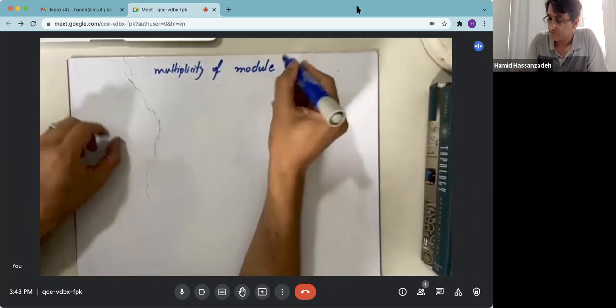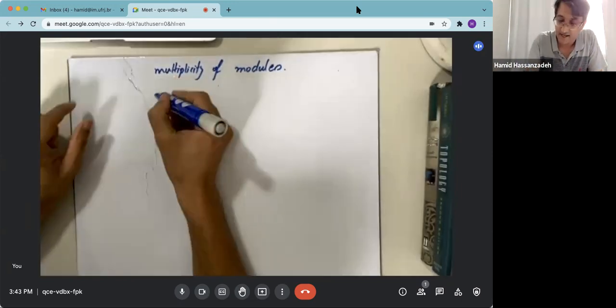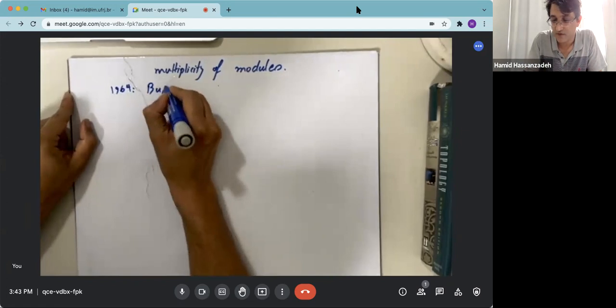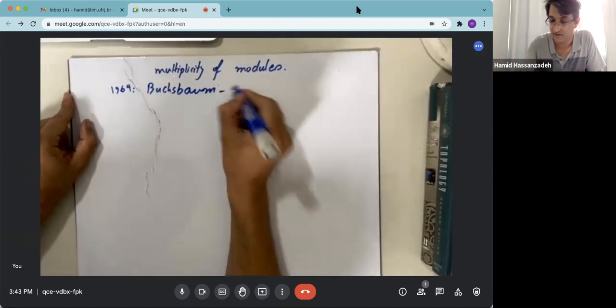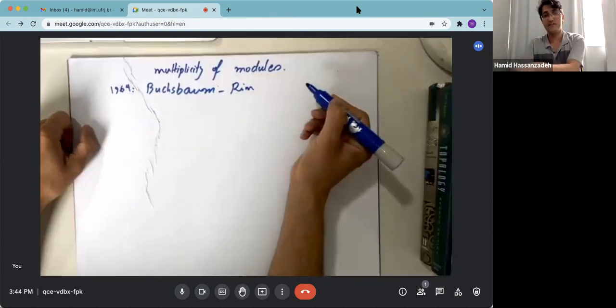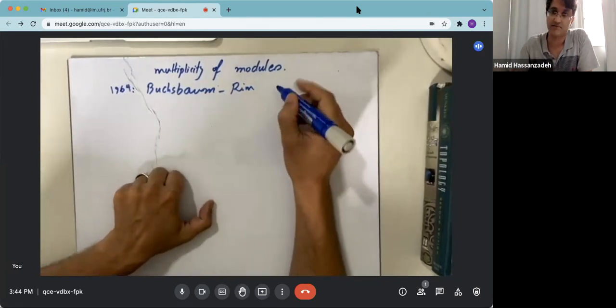And through some talks with Riesz and others, he figured out that in the same year, 1964, Buchsbaum and Rim had already developed this theory. So Buchsbaum and Rim in this year developed the theory of multiplicity of modules, which nowadays we call the Buchsbaum-Rim multiplicity.